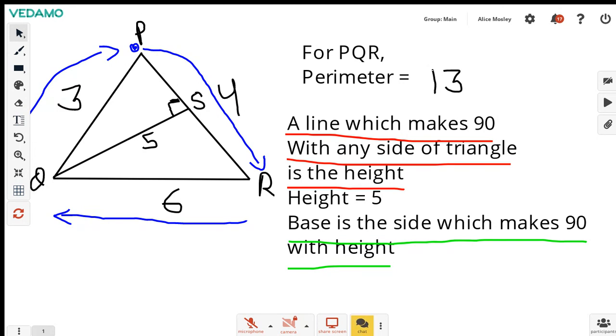This was the height QS, and PR is the side which is making 90° with QS. So I called PR as the base. So here the base was 4.